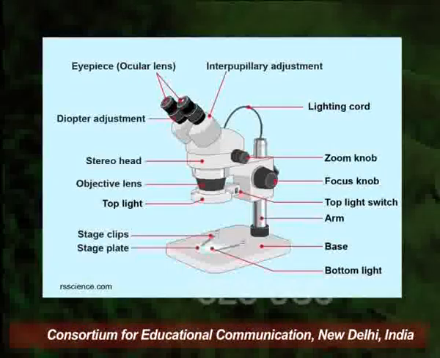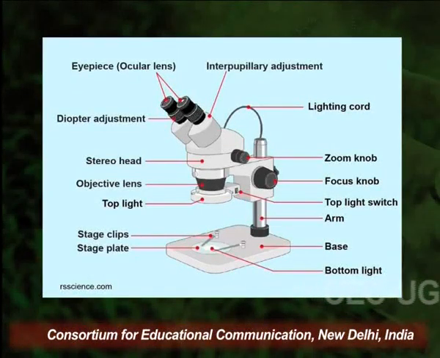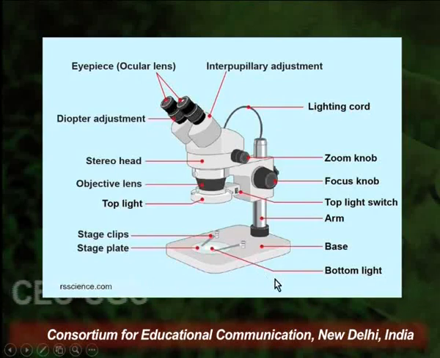When we use stereo microscopes, we can work on live organisms or on dead organisms also. So here in the picture you can see a typical stereo microscope. Let us scan through various structures and parts of a stereo microscope.